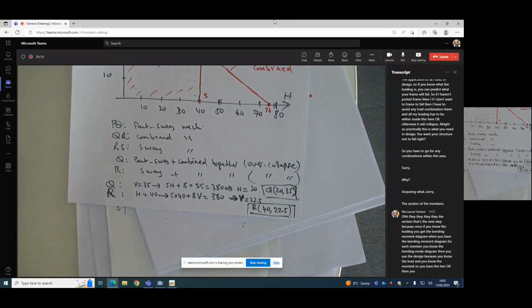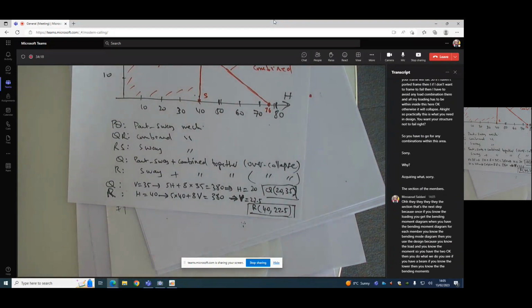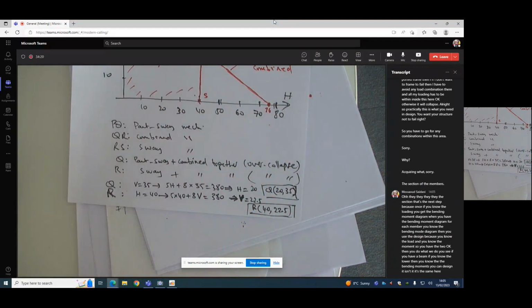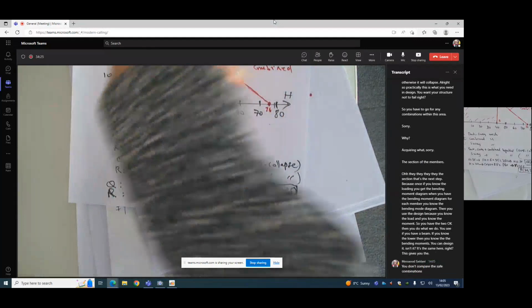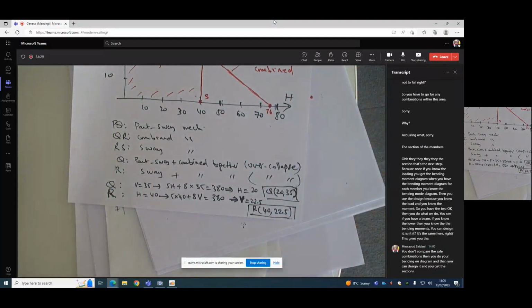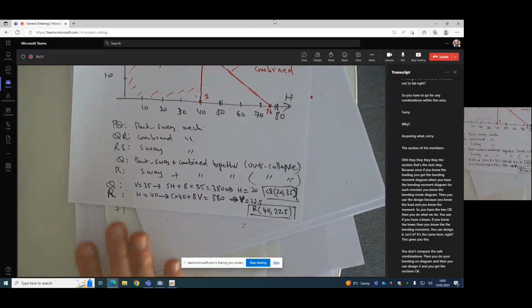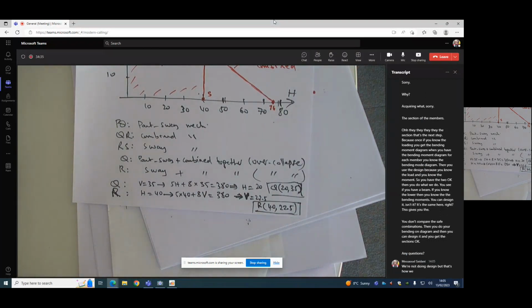Then you do what we do. If you have a beam and you know the load and the bending moments, you can design it, isn't it? It's the same here, right? This gives you the safe load combinations. Then you do your bending moment diagram, and then you can design it, and you get the sections. Okay? Any questions? We are not doing design, but that's how you will do it in practice.